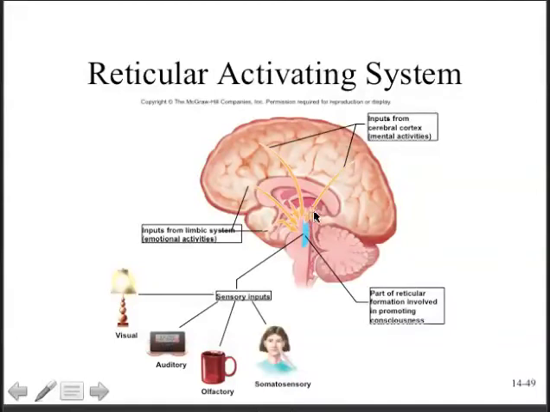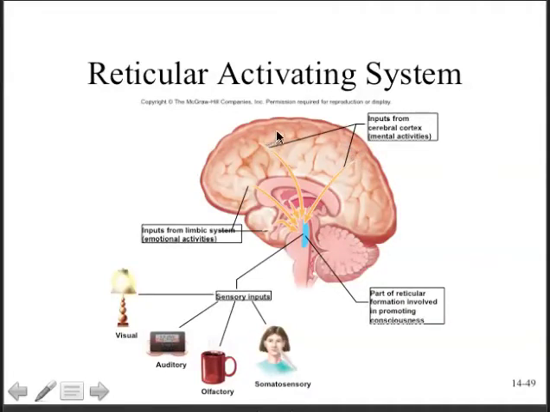Inputs from the cerebral cortex are going to be governed by the action of the thalamus. What happens here is that the thalamus, when it's time for us to wake up, is going to start to let this information make its way via the thalamus to the cerebral cortex.